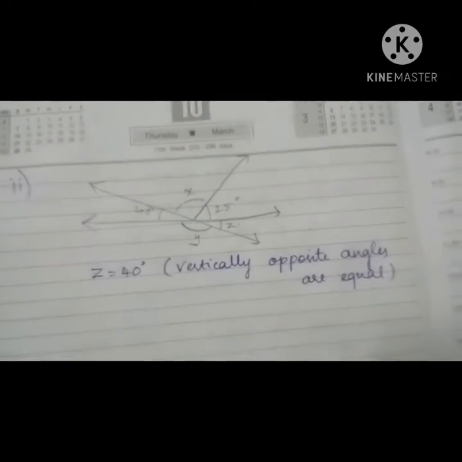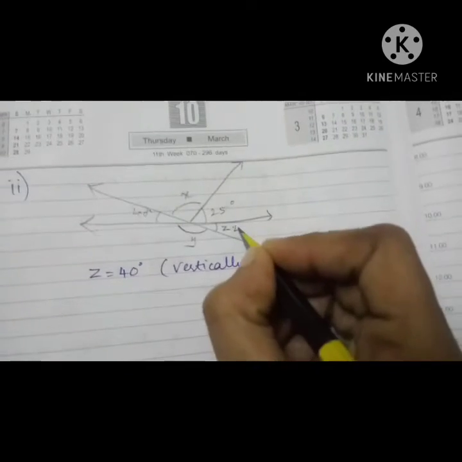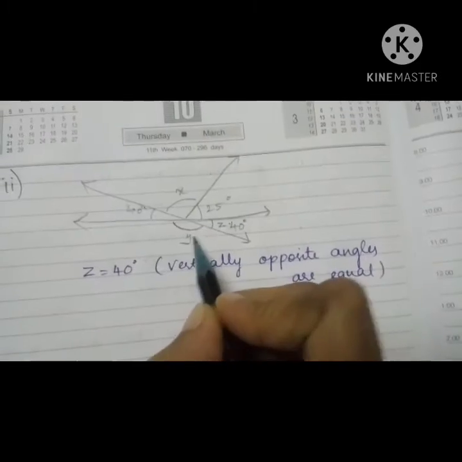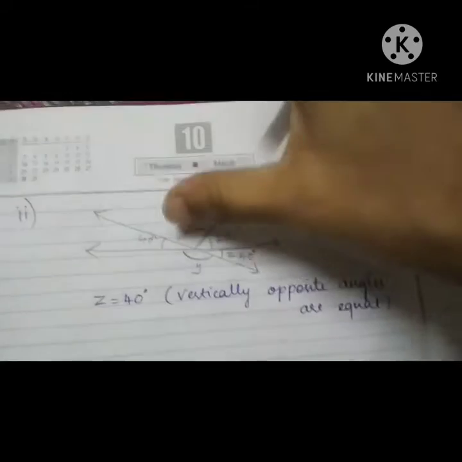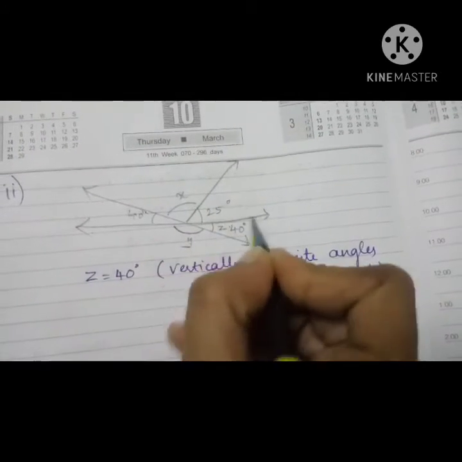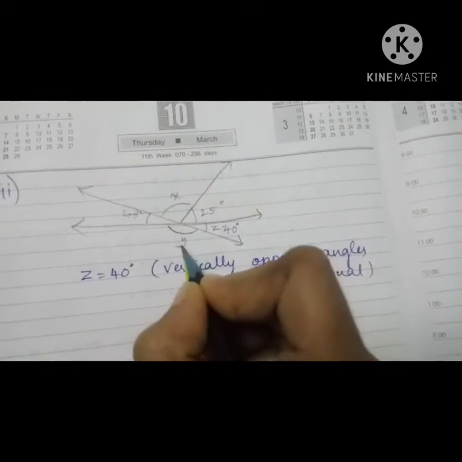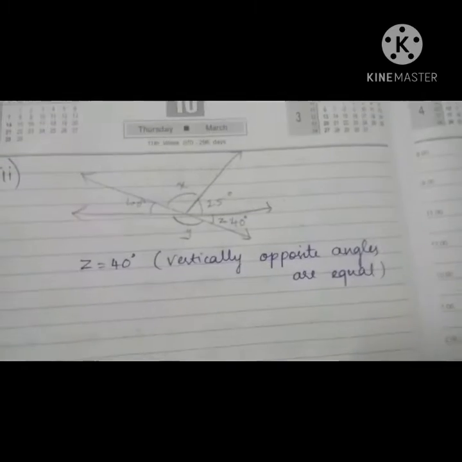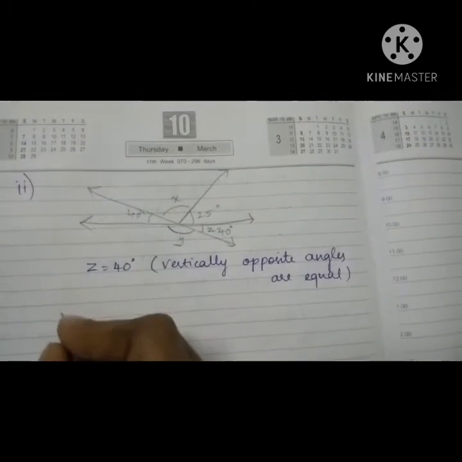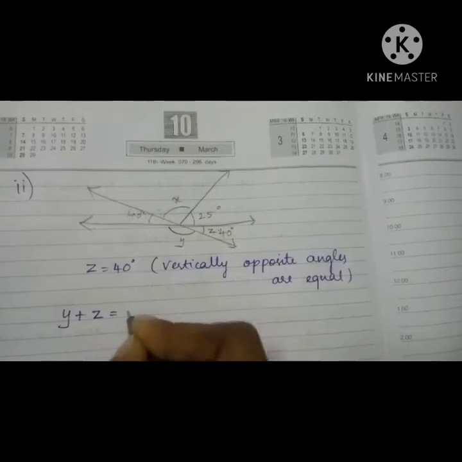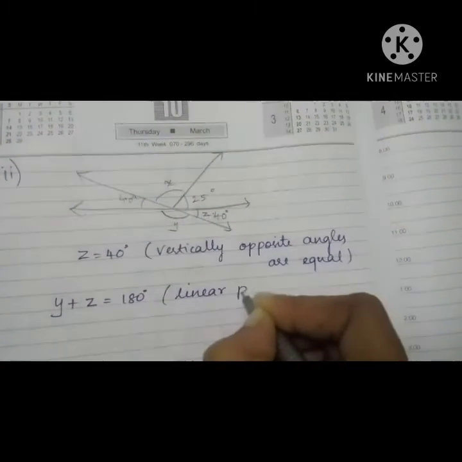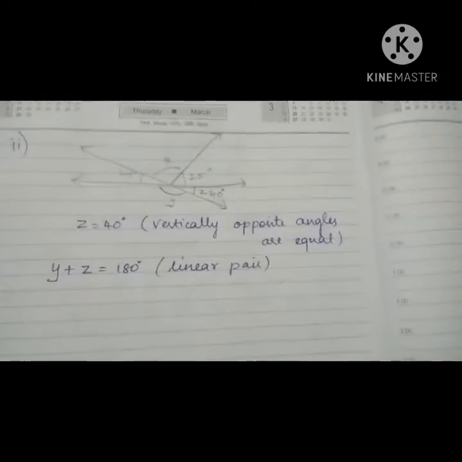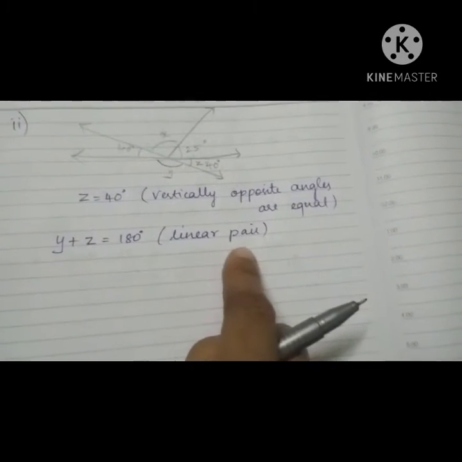Now we got the value of z as 40 degrees. Now using this 40 degrees, can we find this y? Because this is one straight line and this is one arm, so y and z form a linear pair. Yes, so we can say that y plus z is equal to 180 degrees because it is a linear pair.